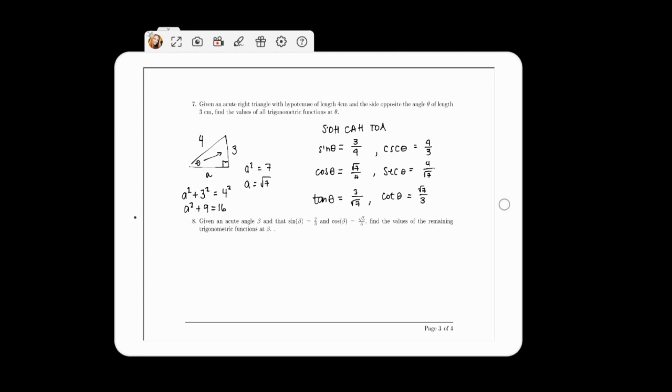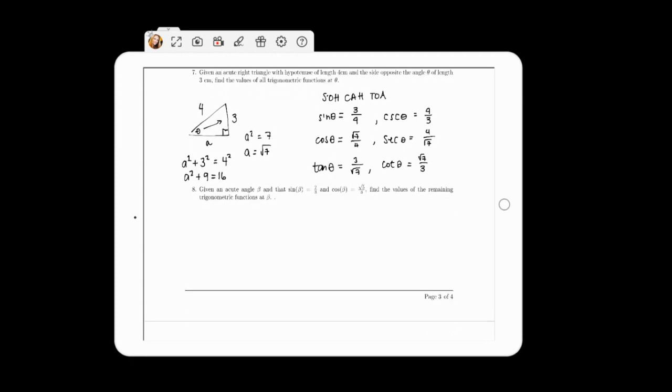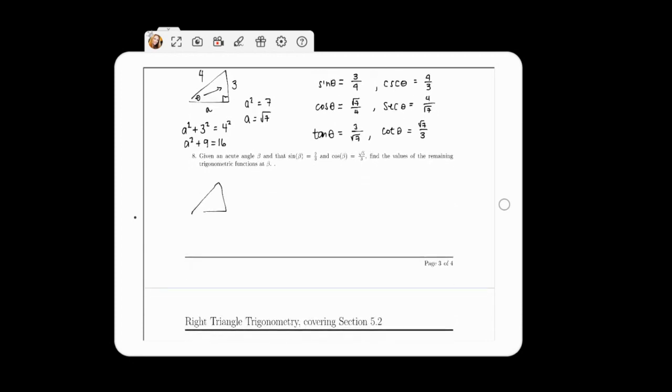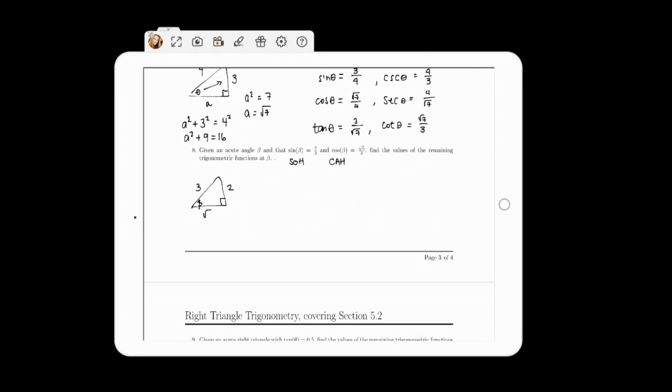Okay, so number 8 is pretty similar. We're just given a little bit of extra information to help us solve this problem. In number 8, we're given an acute angle theta inside of a right triangle, and we're given that sine, which is opposite over hypotenuse, is equal to 2 over 3, and we're given that cosine, which is adjacent over hypotenuse, is equal to root 5 over 3.